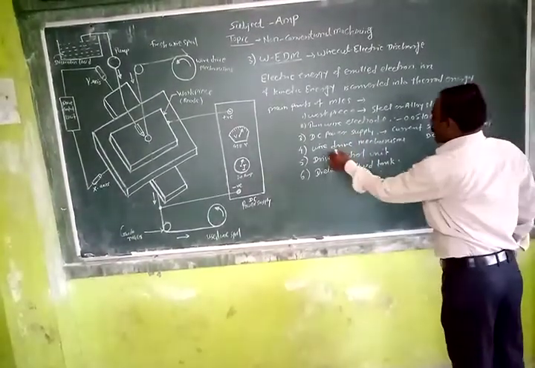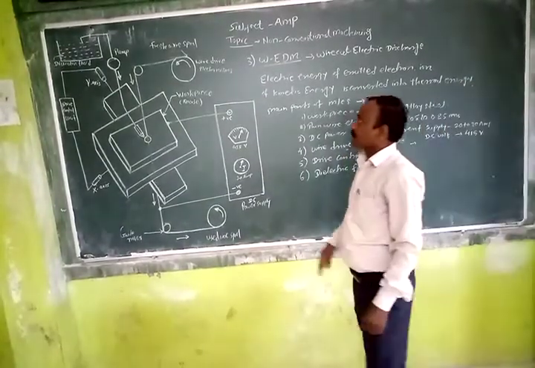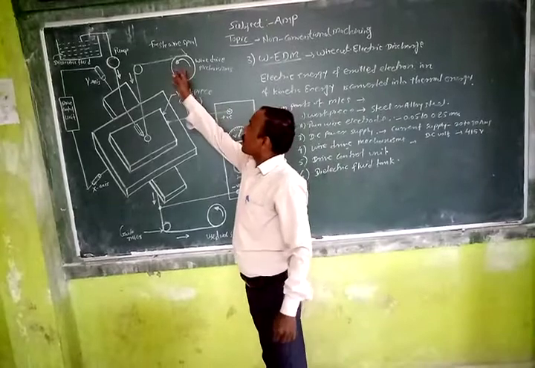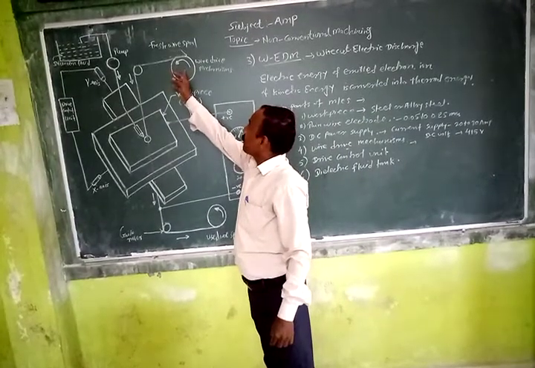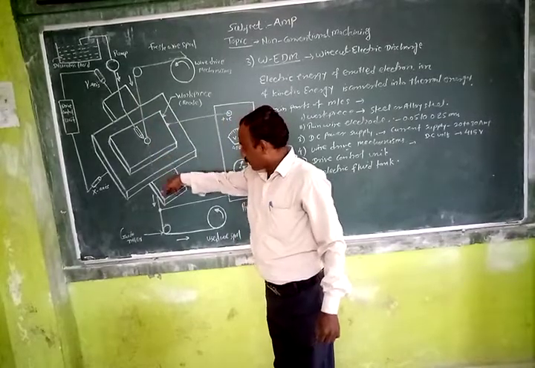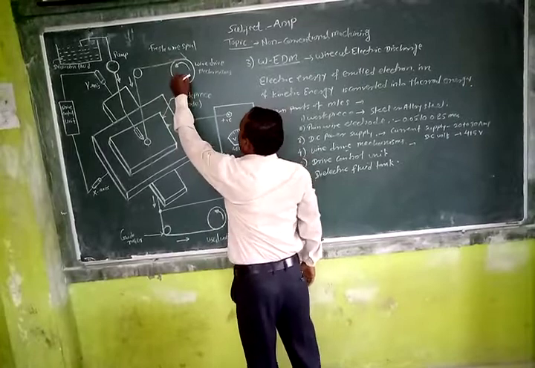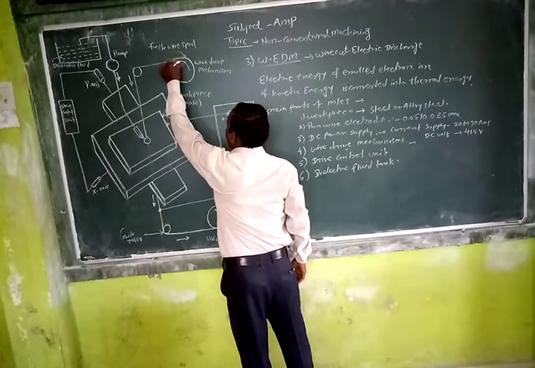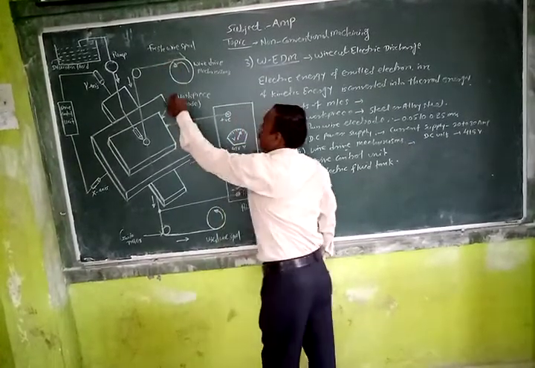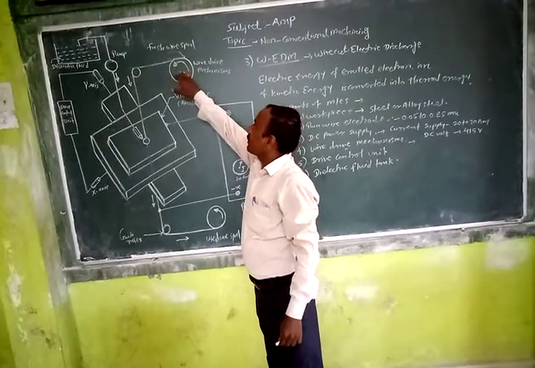Now the wire driving mechanism. This wire is continuously fed to the workpiece. The roll moves in an anti-clockwise direction.